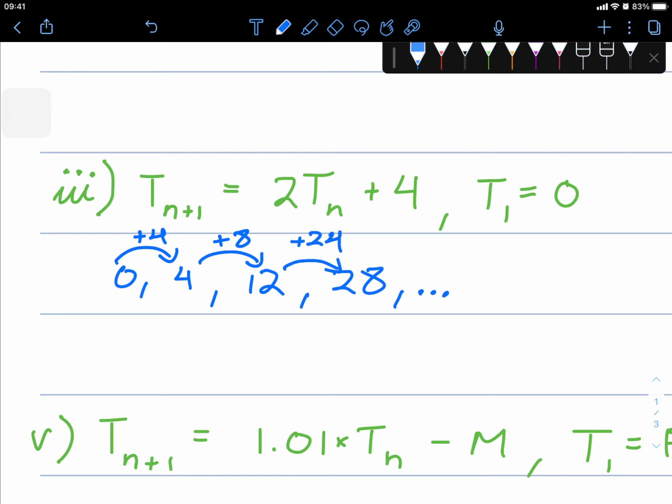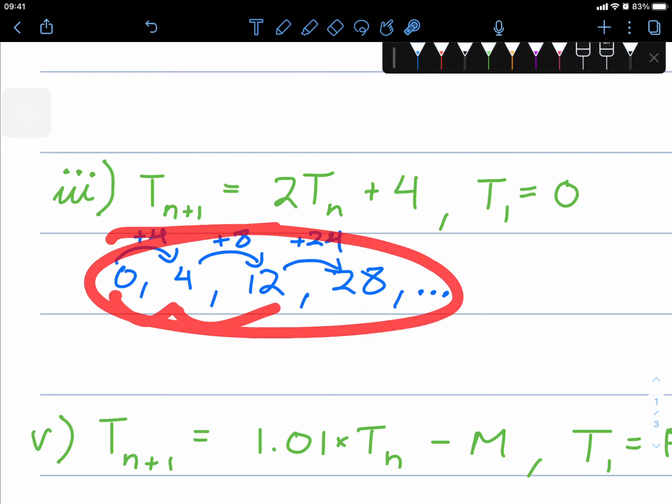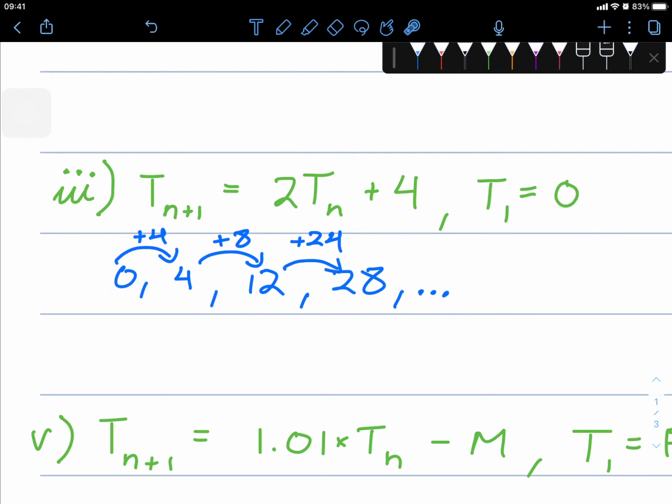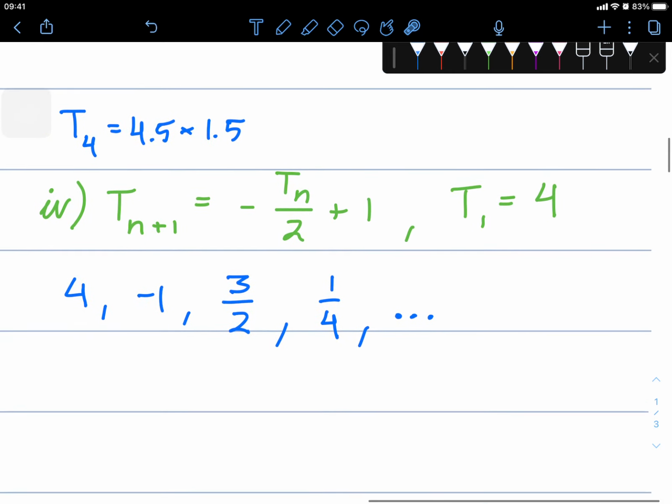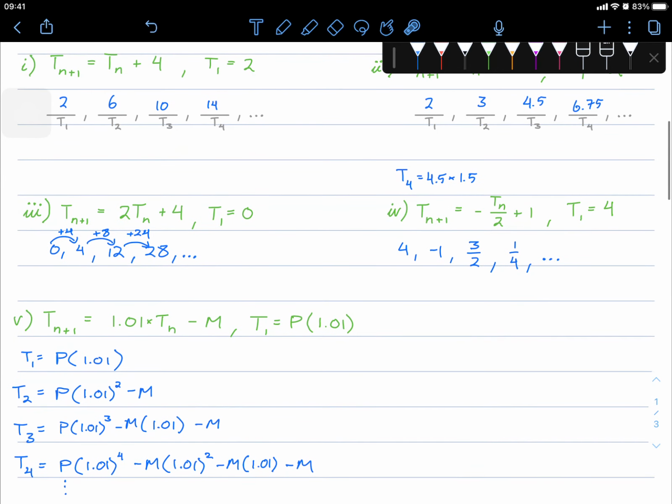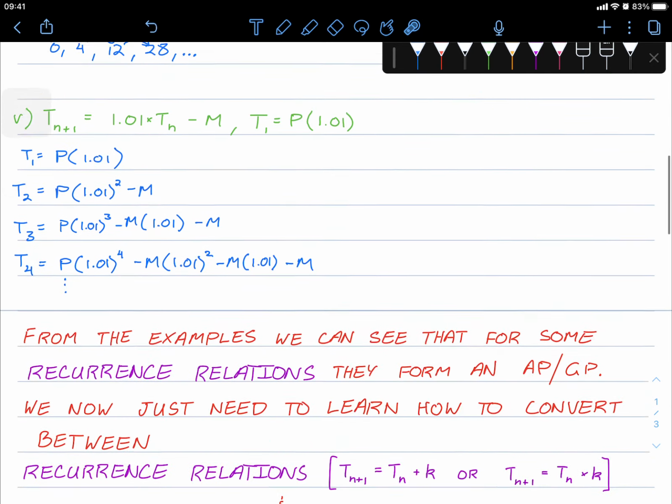So there's no common difference, and certainly 0 times anything doesn't give us 4. So there's no common ratio. So this is neither an AP or GP. Likewise with this one. If you try and find a common difference or a common ratio, there won't be one. So recurrence relations sometimes become an AP or GP.